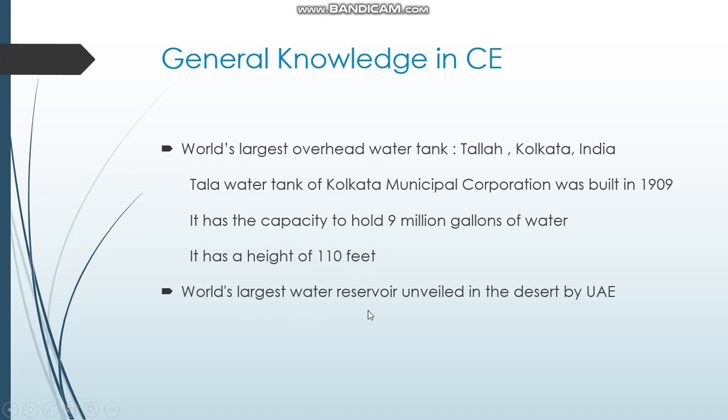Also world's largest water reservoir unveiled in the desert by UAE in 2018. There are so many structures in the world that still remain as a reference for engineers. You can go through those special liquid retaining structures in Google before entering into this module. We can discuss circular water tank with flexible base in the next video. Thank you.